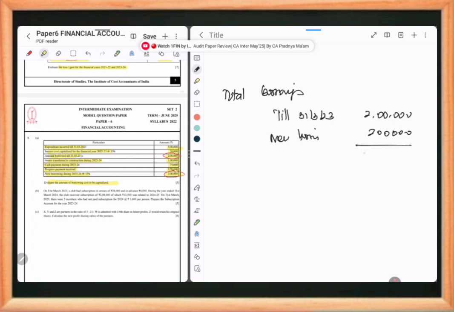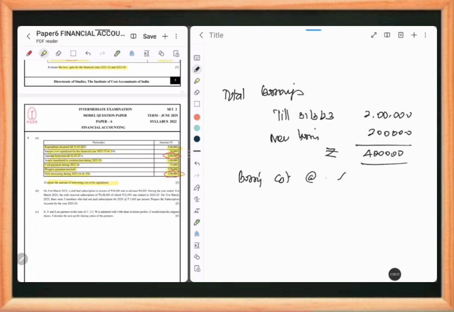So total borrowings are 4 lakhs. And then borrowing cost at 13% interest. So 4 lakhs into 13%, that is rupees 52,000. Now we have to find out how to apportion it proportionately.